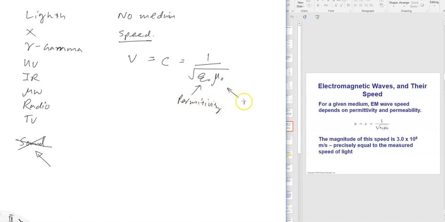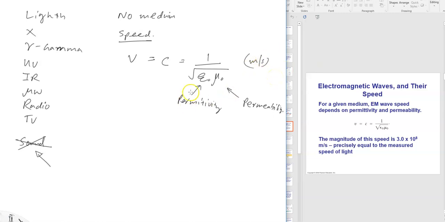This one, permeability. What are these things? Permittivity tells you how much the electric field can propagate through the medium. Permeability for the magnetic field. So together, for a given medium, there is some permittivity and there is some permeability. The product, take the square root, take 1 over, that gives you the speed in meters per second.